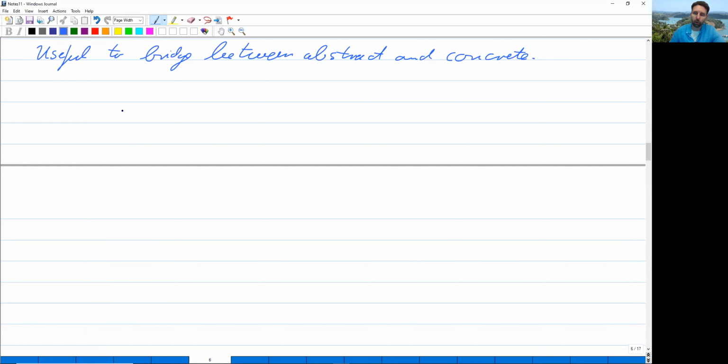So, for example, the norm of a vector, the length of a vector. Well, in principle, we can write that the norm of a vector psi is given by this, right?